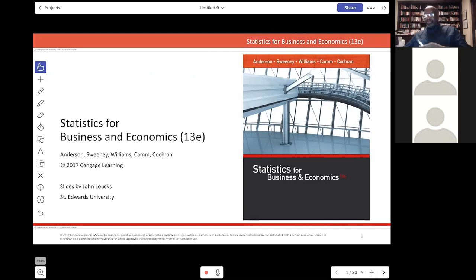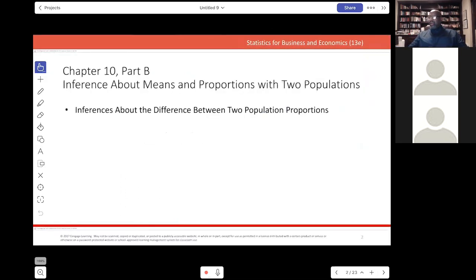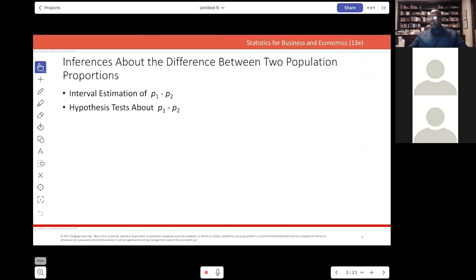All right? So let's just familiarize ourselves with some of the notation. Essentially, the population proportions would be for us P1 and P2. And of course, we want to hypothesize about P1 and P2, or we want to estimate the difference between P1 and P2. So those are our population proportions.